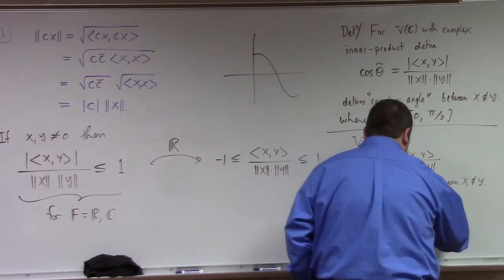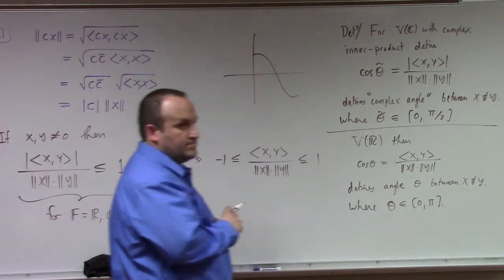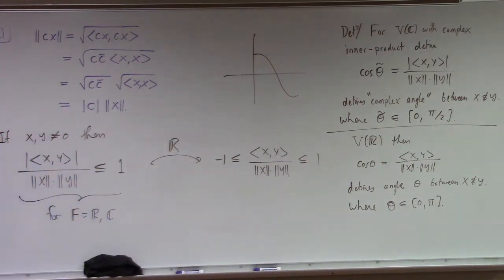Zero to pi. That's, of course, in agreement with the definition of angle that you were shown in Calculus 3 if you had it. We talked about the angle between two vectors. This is just a generalization of this. Now I can talk about the angle between two matrices. Those two matrices, 1, 2, 3, 4, 5, 6, 7, 8, we could calculate their inner product. We could calculate the angle between those two 2 by 2 matrices in this definition.